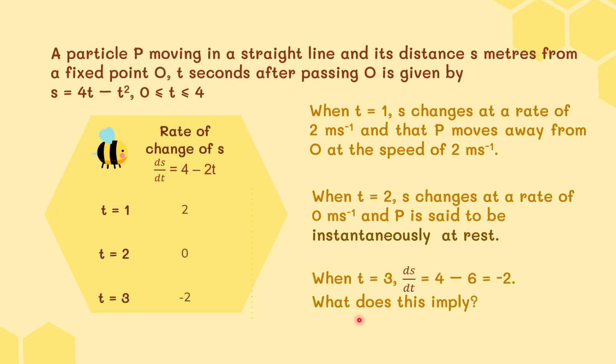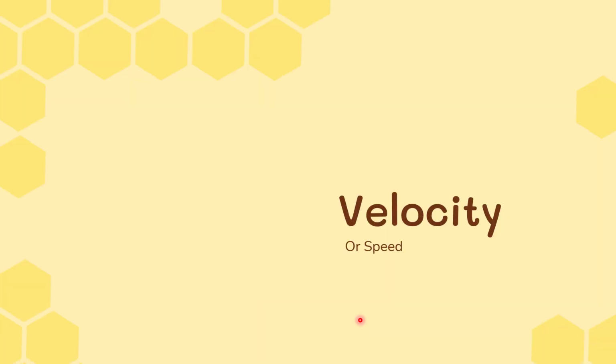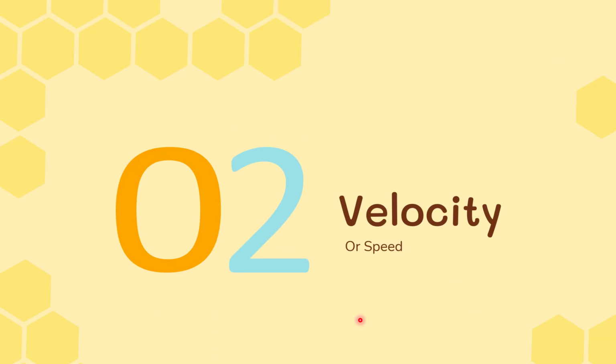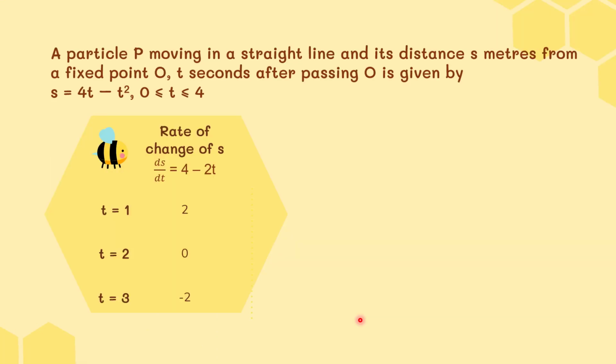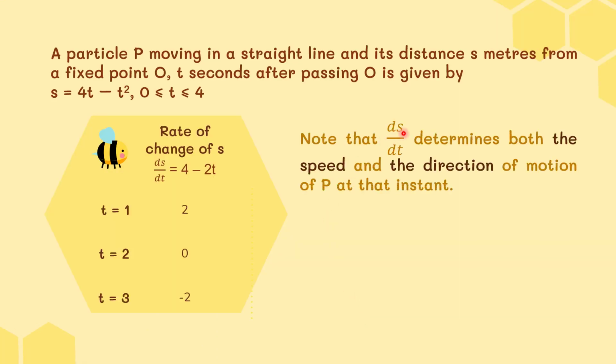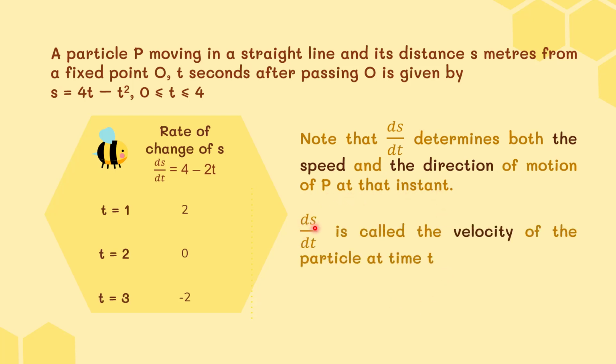Yes, since it goes back toward the first point, the direction is moving back to the position near O. So in this second section about velocity or speed, we can conclude that ds/dt determines both the speed and also the direction of motion of P at that instant. Later, ds/dt will be called the velocity of the particle at time t. It will be denoted by v.